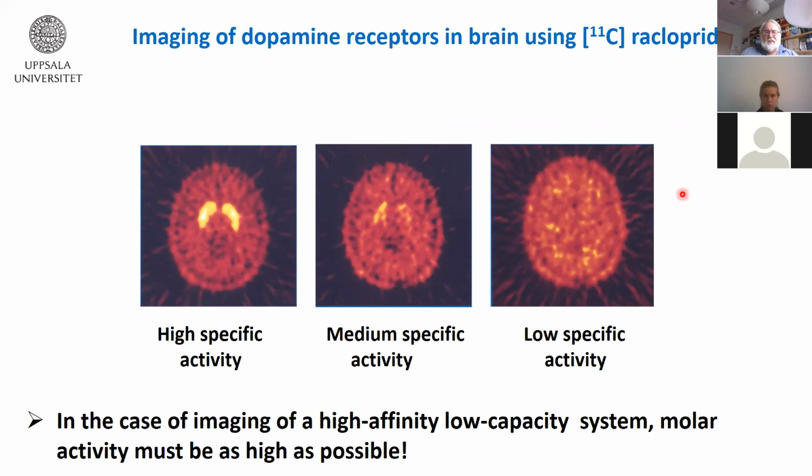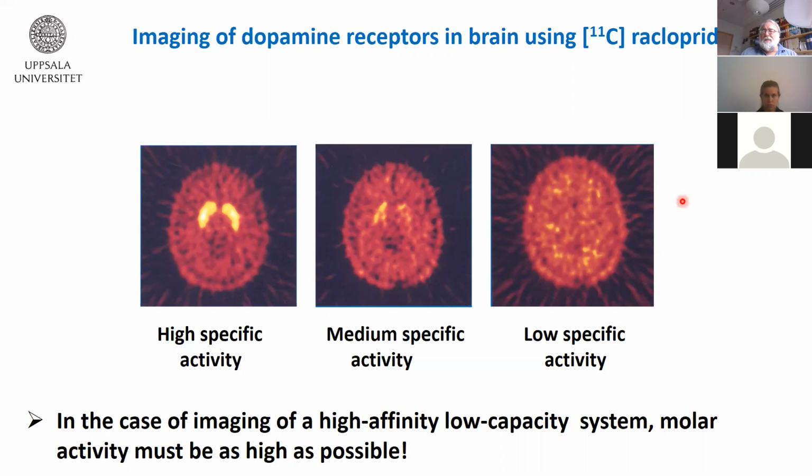And if specific activity was really low, you don't see any specific binding. So apparently, when you are working with a high affinity, low capacity system, you need to have high molar activity.